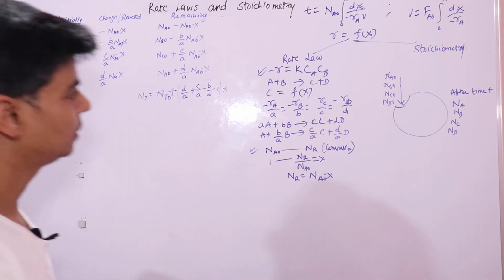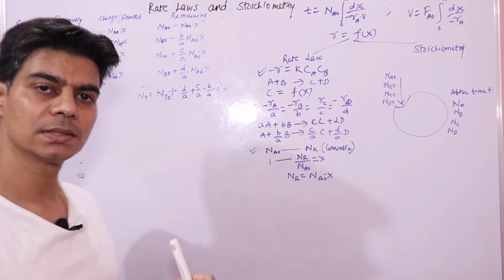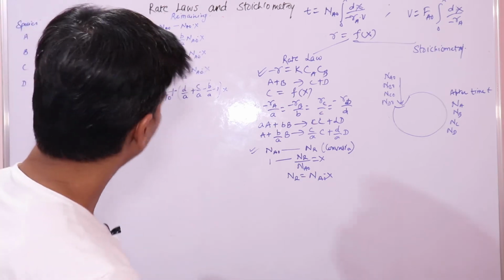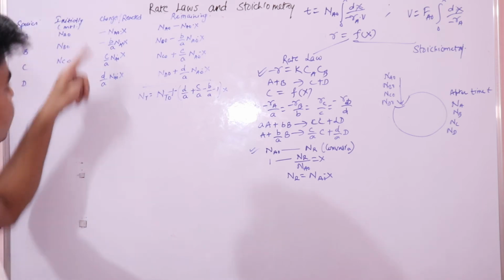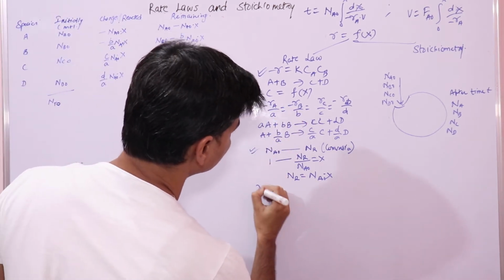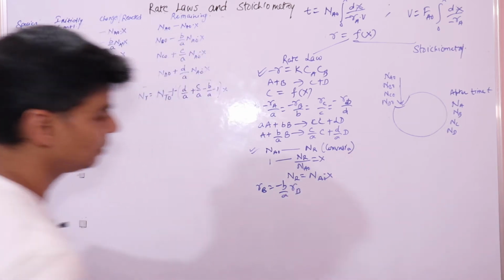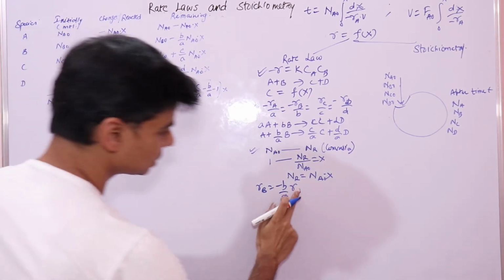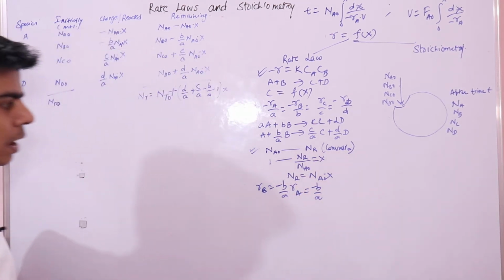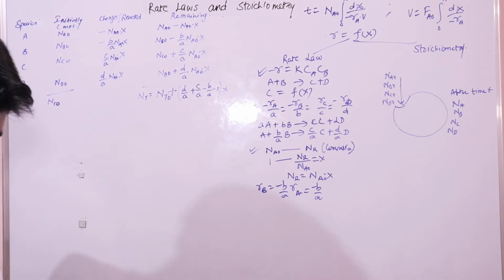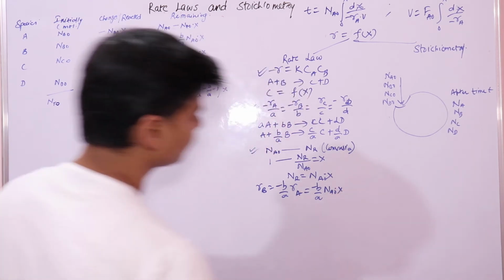And how did we do this? If you look at this expression, to express B in terms of A, RB is equal to minus B upon A, and RA is how much of A has reacted, the rate of reaction, which is Na0x.